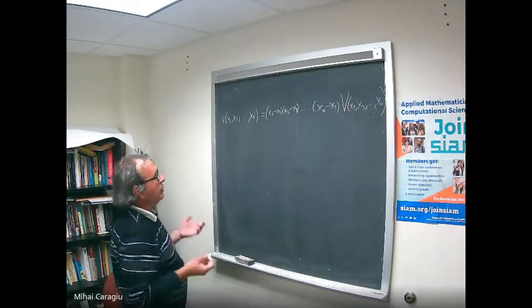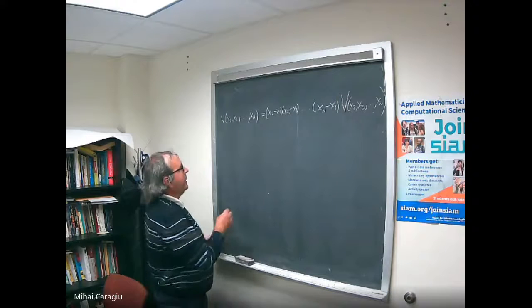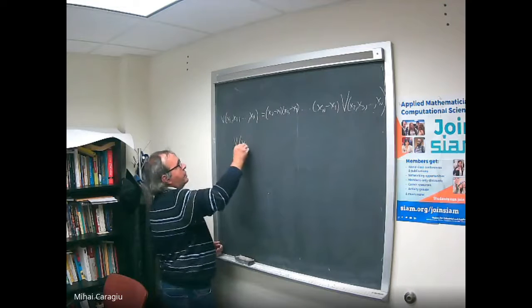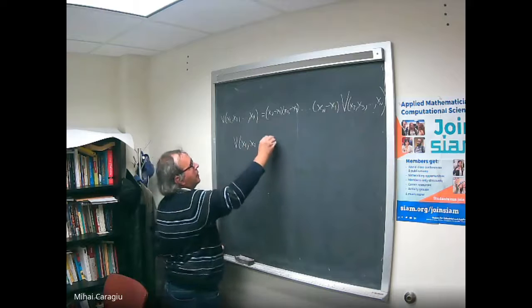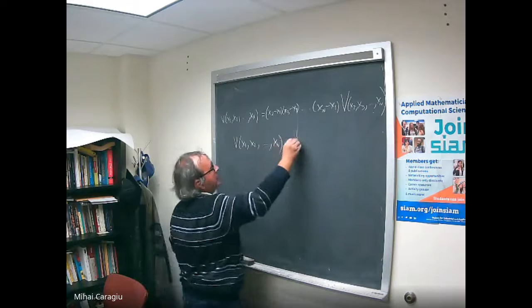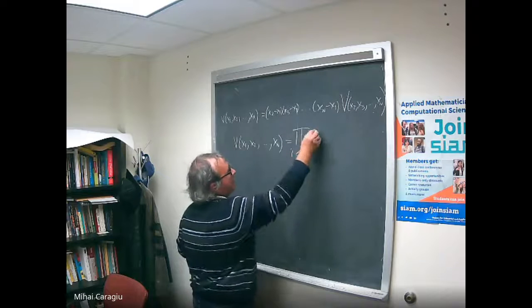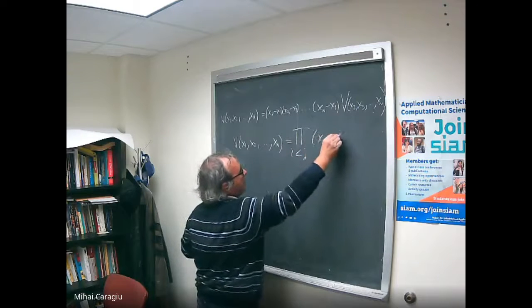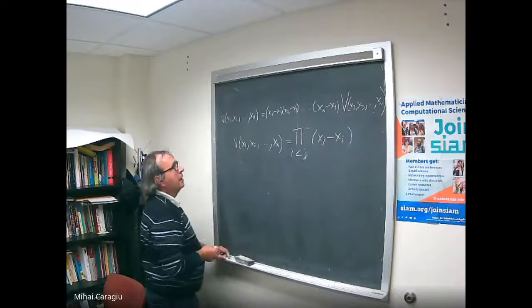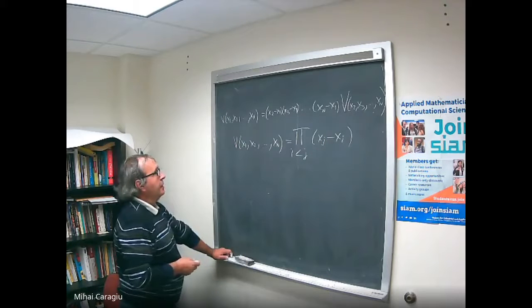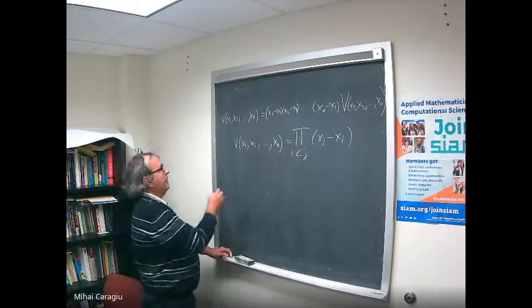So we can prove by induction that the Vandermonde of x1, x2, through xn is the product of all possibilities with i less than j of xj minus xi.